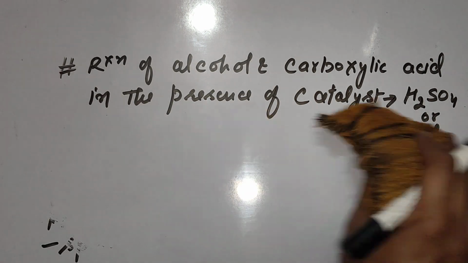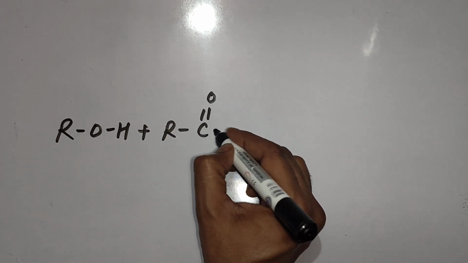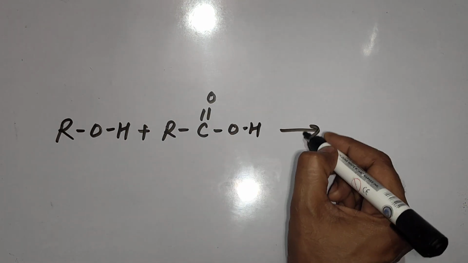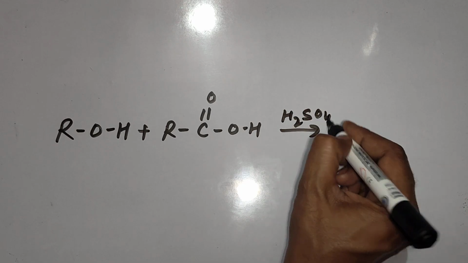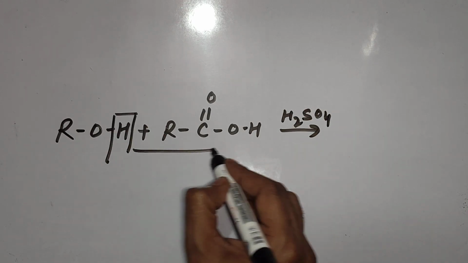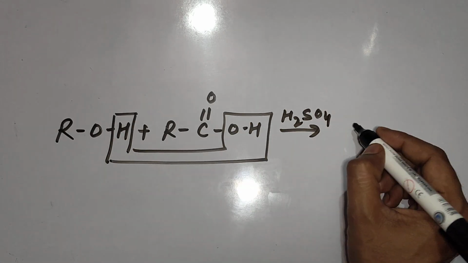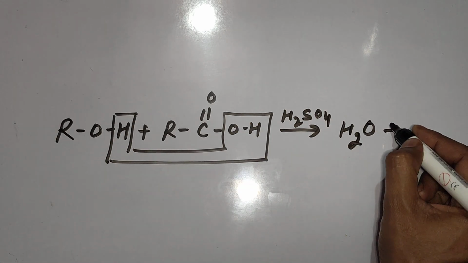Now, this reaction, I am going to write in general fashion. ROH, general formula of alcohol, carboxylic acid general formula RCOOH, in the presence of sulfuric acid. So what will happen? H from alcohol side and OH from carboxylic acid, they will make H2O and get separated out as H2O.